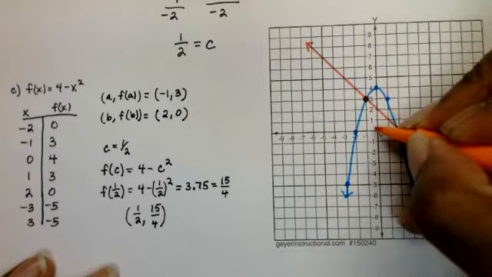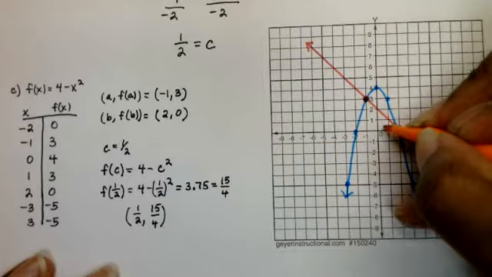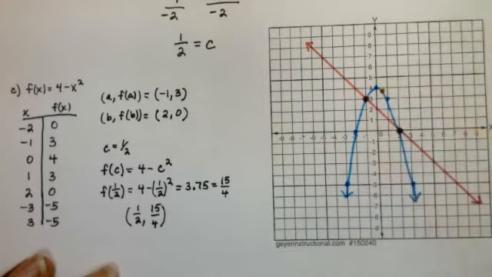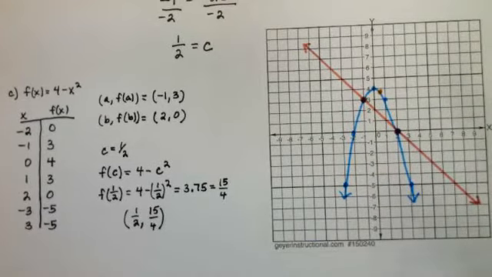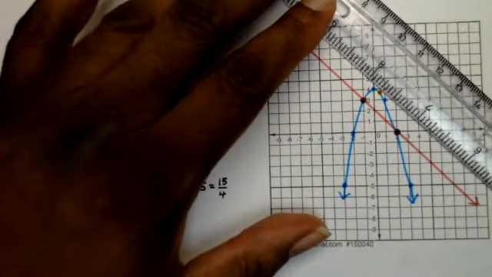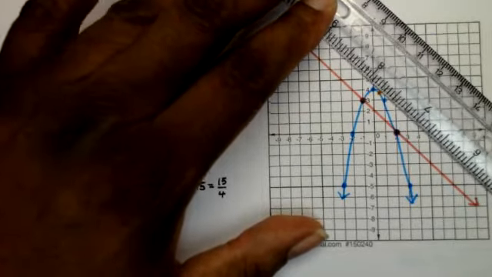And 15/4 is 3.75. This is halfway between 0 and 1. 15/4 would be 3.75, which will be about right here. So here's that point. And I'm going to draw the tangent line that's parallel to the secant line, like this.